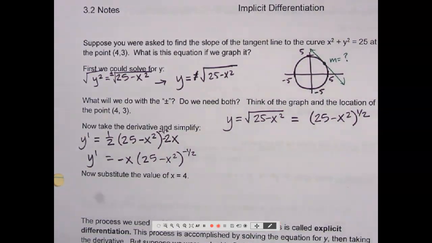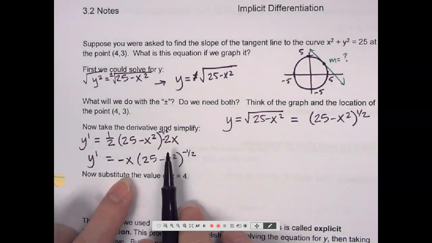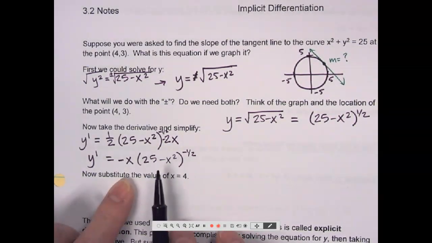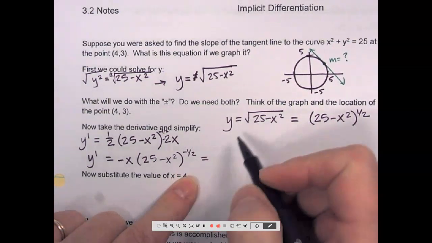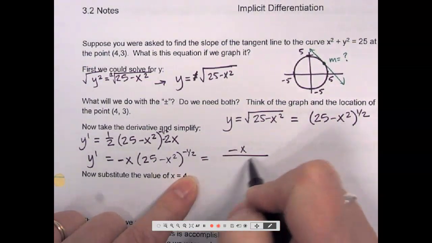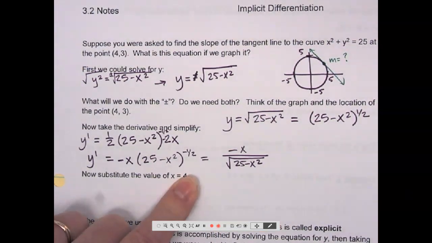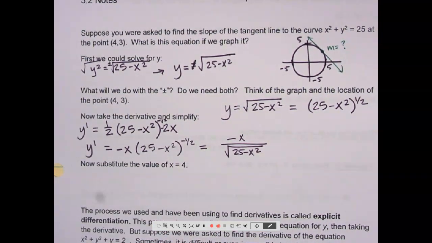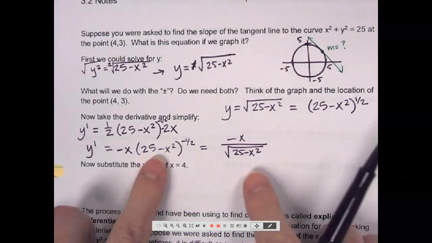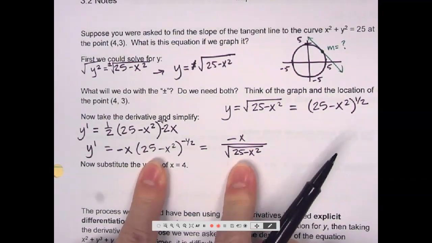But remember, we want the slope, which means find the derivative, then plug in our 4. Now let's say that I don't have a calculator, and I want to sub in 4. That's an easy number to sub in. This is a situation where I would want to write it like this. That's much easier to sub in that 4, right? So everybody see how I got to that?